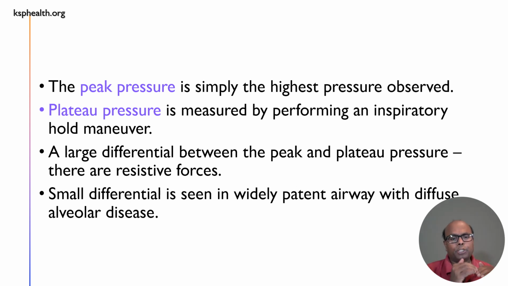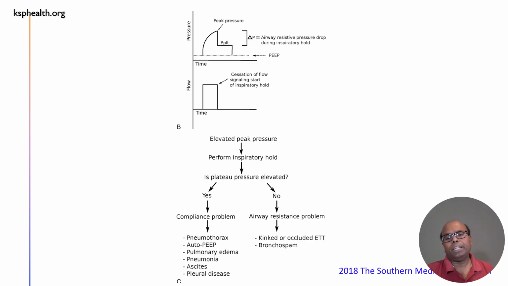When there is a small differential between peak and plateau pressure, that tells you we are dealing with diffuse alveolar disease. As you can see in this picture, the highest pressure recorded is called peak pressure. When you do the inspiratory hold, it measures the plateau pressure. The difference between peak and plateau pressure tells you the resistive pressure in that particular patient.